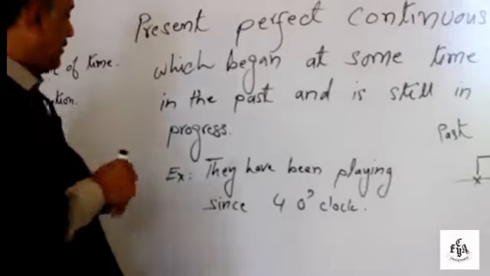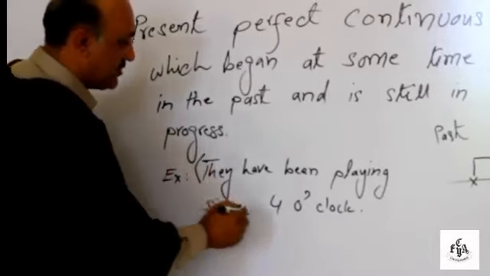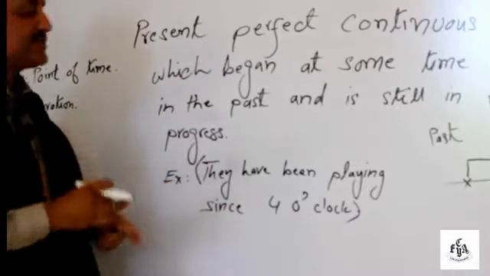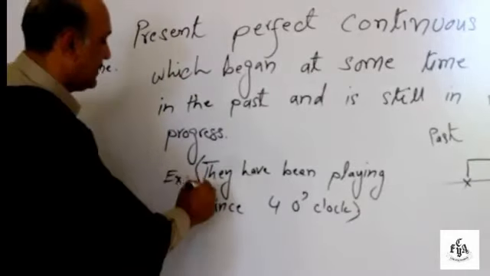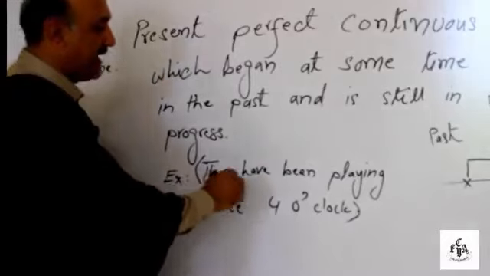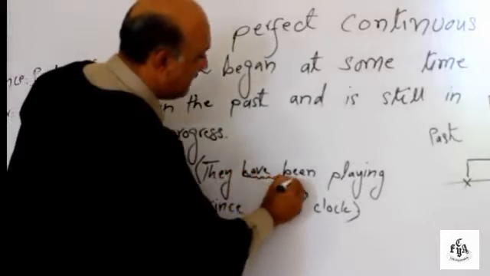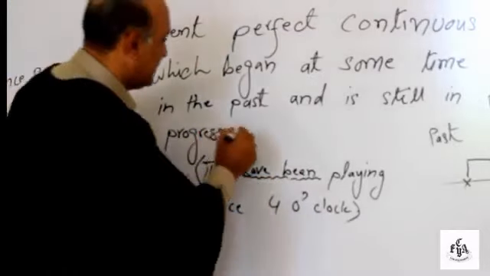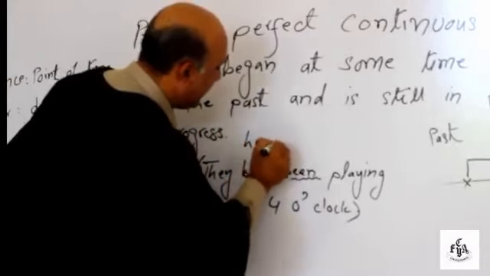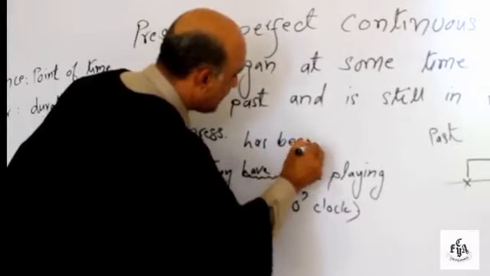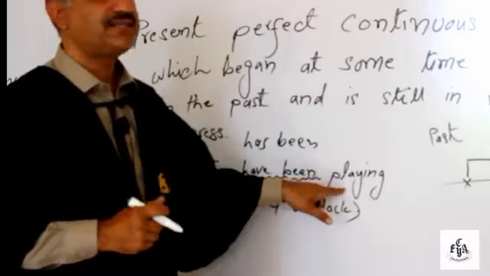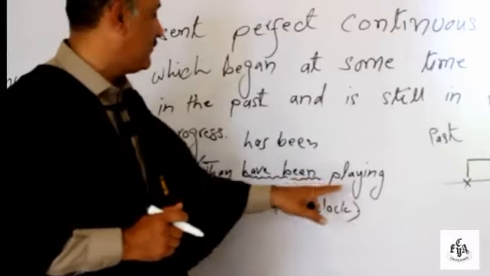So here, keep your eyes on the structure of this sentence. And here you will be able to generate the structure of this sentence. Subject: they. Have been is the auxiliary verb. Have been and has been. Playing: present participle form of verb, the ing form of verb.